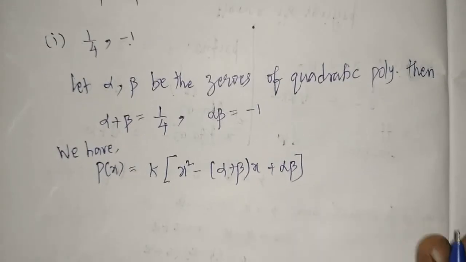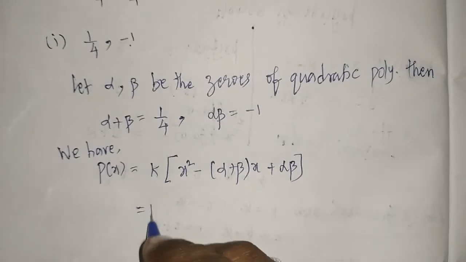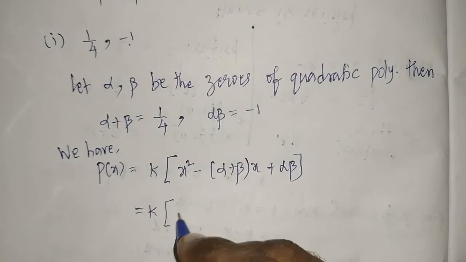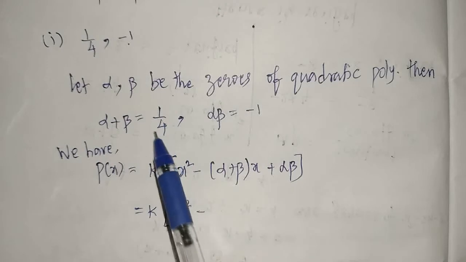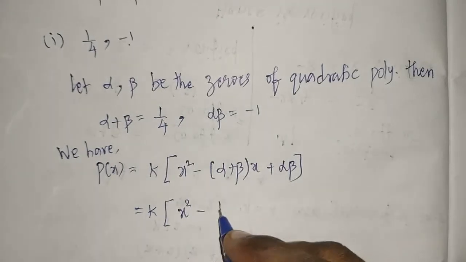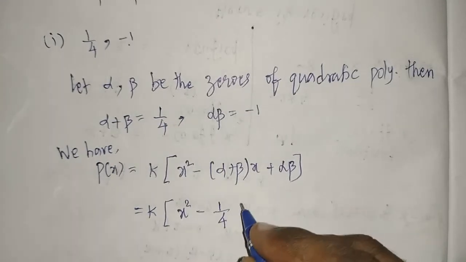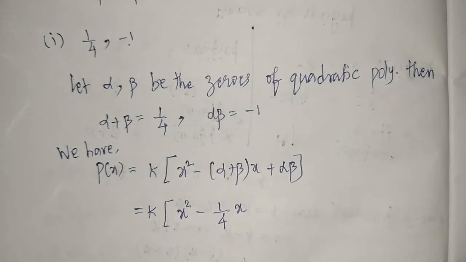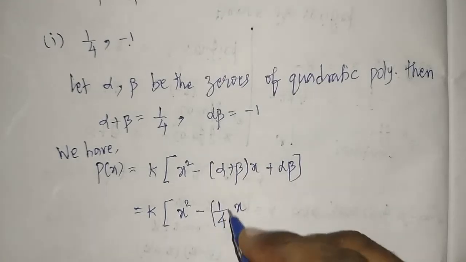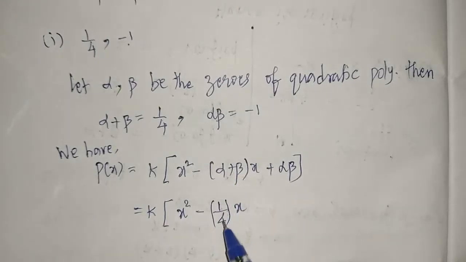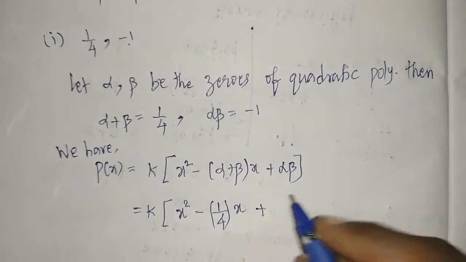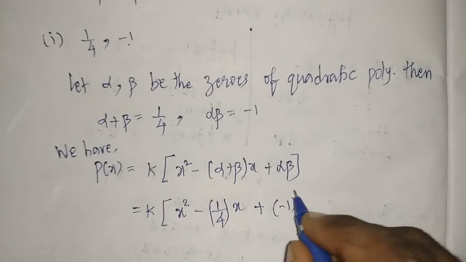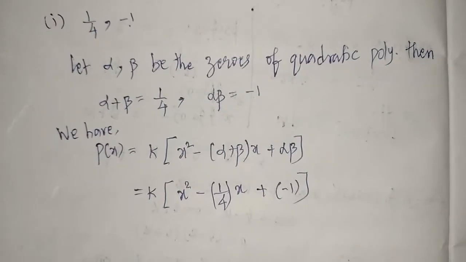Now k into x square minus alpha plus beta, we have 1 by 4, so 1 by 4 into x. If you need the bracket you can give, because alpha plus beta value is 1 by 4 plus alpha into beta value we know is minus 1. Now you can simplify.